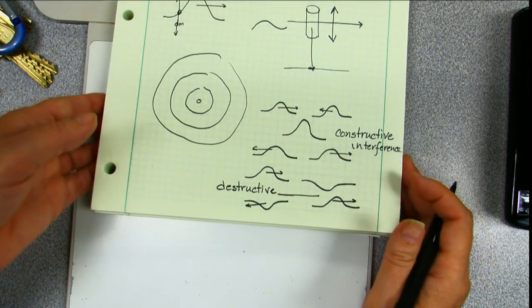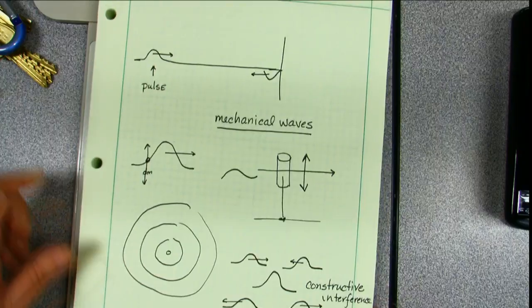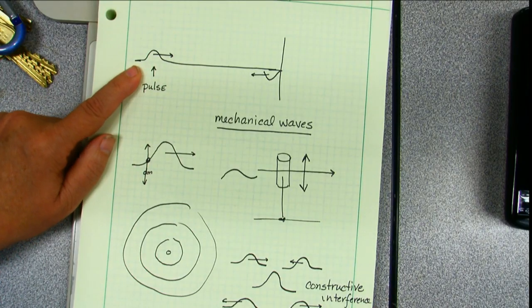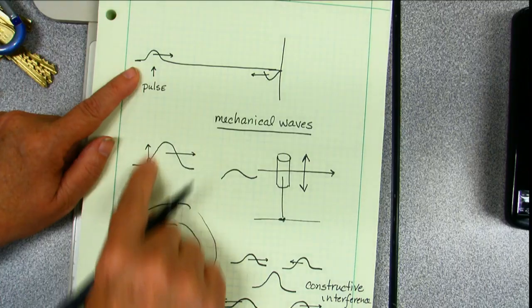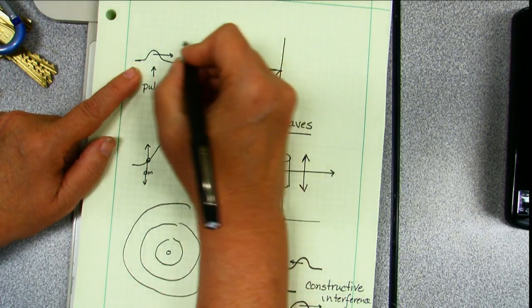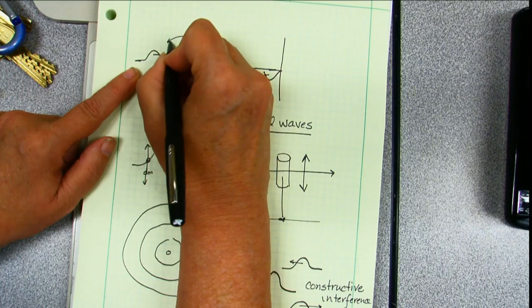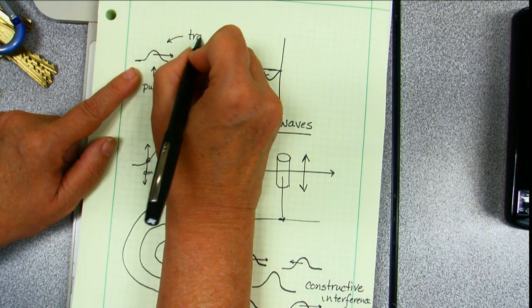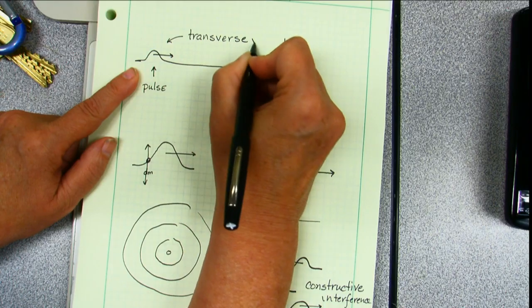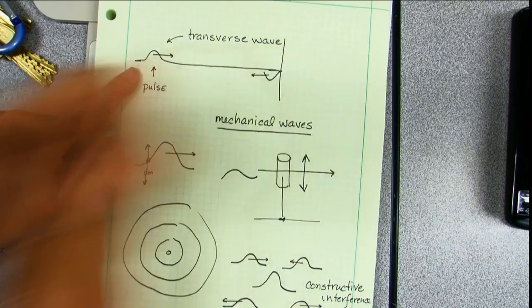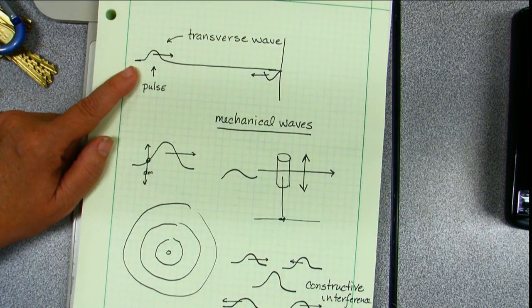Now, this on a string, we've all seen it. We're all comfortable with it. We know that the things bob up and down. This we would refer to as a transverse wave. It vibrates up and down.